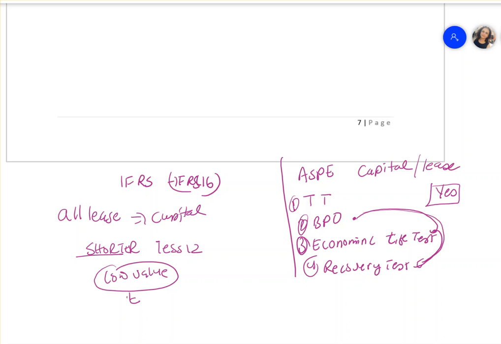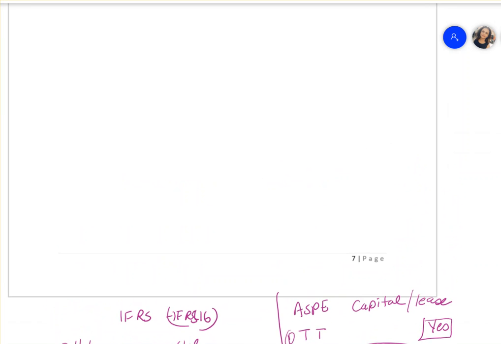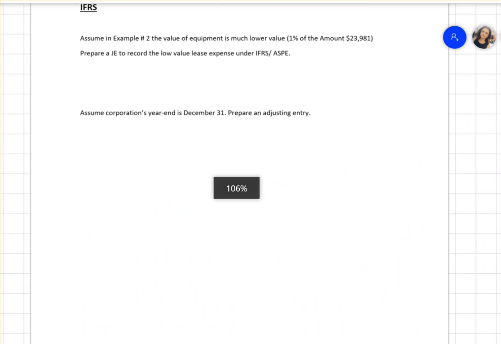We have gone through this recording and the last recording about capital lease with residual value guaranteed, residual value not guaranteed, and then zero residual value. So we have gone through 3 examples, so you have to go through those examples. If you go through them, you shouldn't have any issues with this.